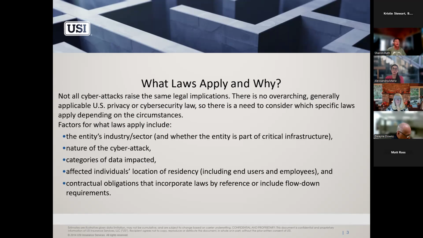If you're doing telehealth in various states, you need to know what those states' laws are. I'm going to talk specifically about Delaware, and what we need to do is look at who's impacted, what data is impacted, and the nature of these cyber attacks. Next slide, please.